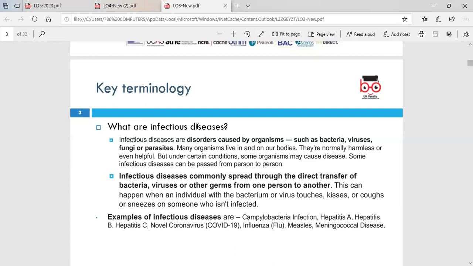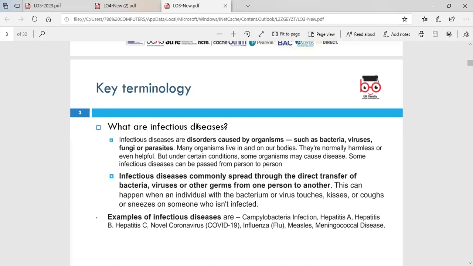They're sometimes normally harmless, so they're valuable for us. For instance, some organisms that live in your throat are valuable there to fight certain infections. But under certain conditions, these organisms may cause diseases. We'll talk about those conditions.